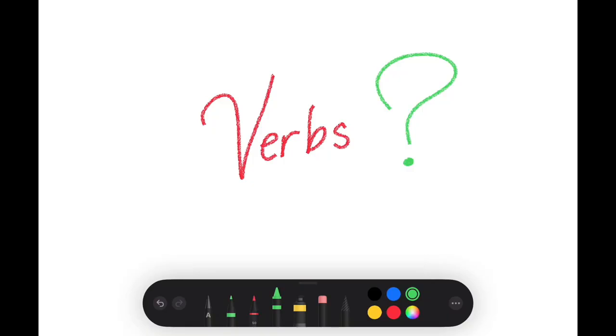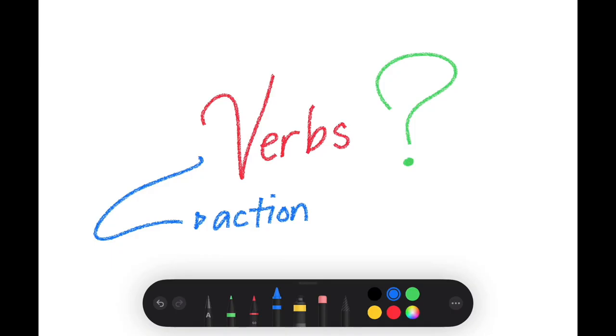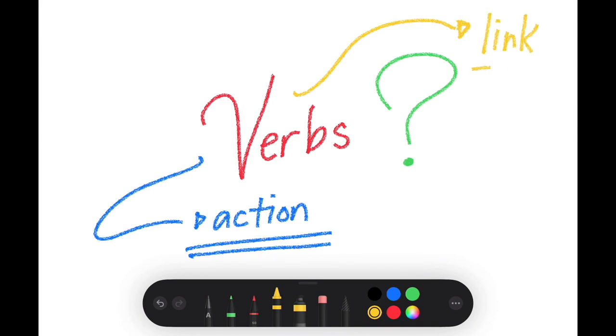Well, to start, verbs can function either as an action. It is what the subject is doing. It is the action of the sentence. And another is that a verb can also link. So it can be an action, or it can be a linker or a linking verb.